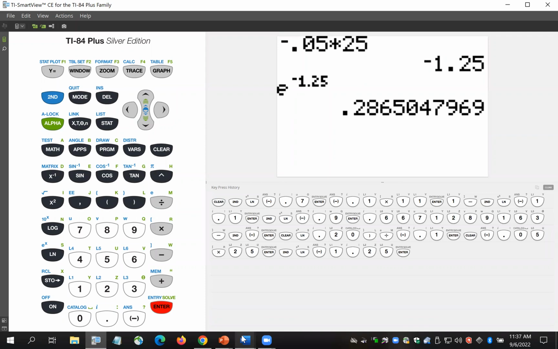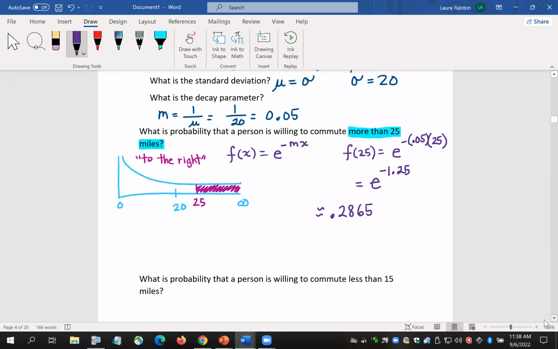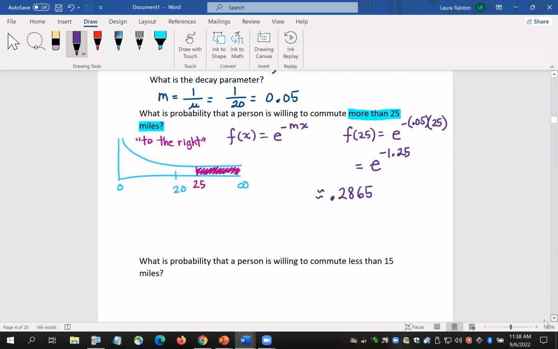So my answer is 0.2865. So approximately 29% of people are willing to commute more than 25 miles, or there's a 29% chance they're willing.